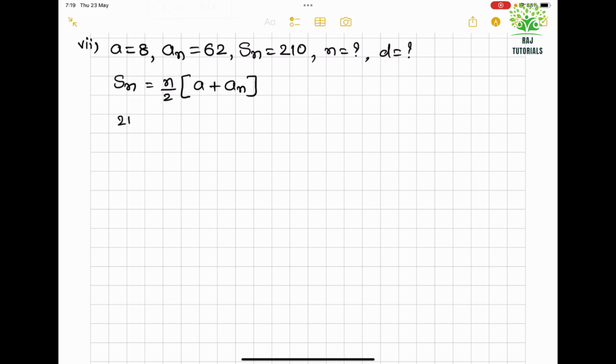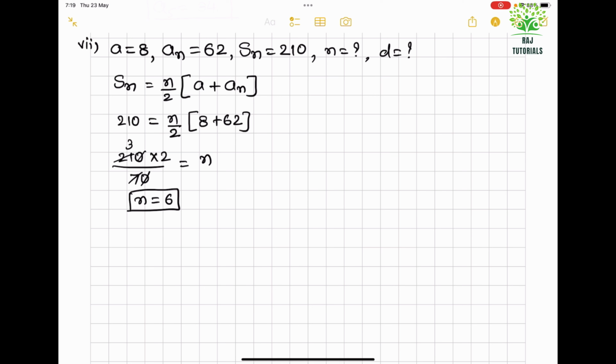So Sn is 210, n by 2, a is 8 plus an is 62. So 210 into 2 by 70 will be equal to n. So n equal to 6. So first solution I got n equal to 6.